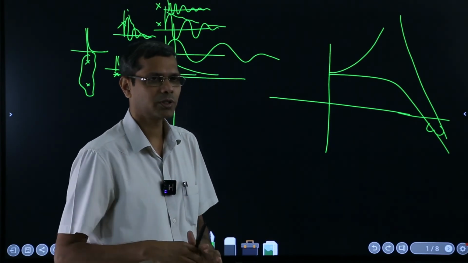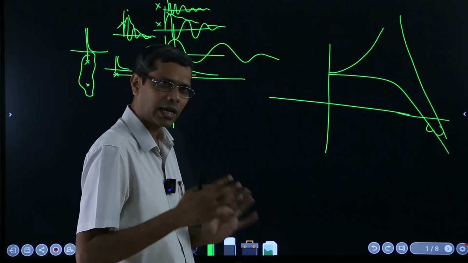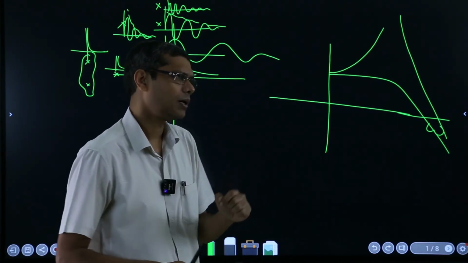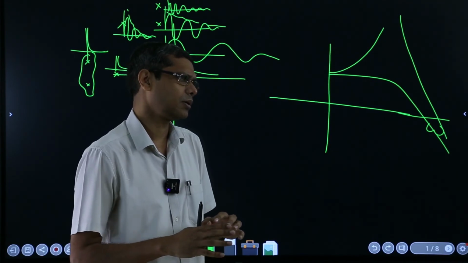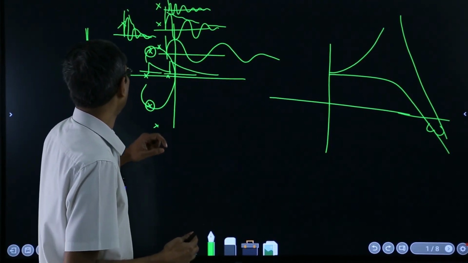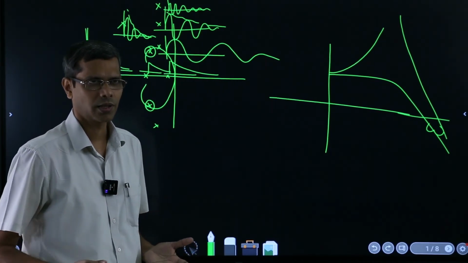And in that perspective you try to analyze the system. Exactly the same things. And the Nyquist basically is about stability from the perspective of not magnitude but the phase information.